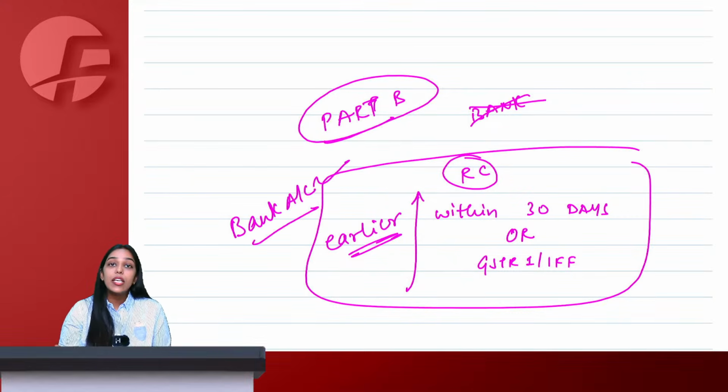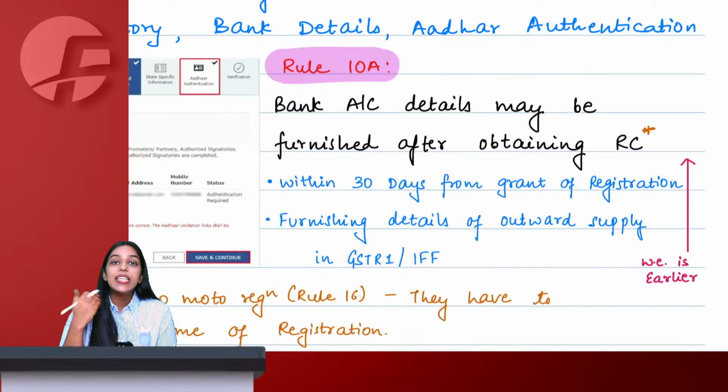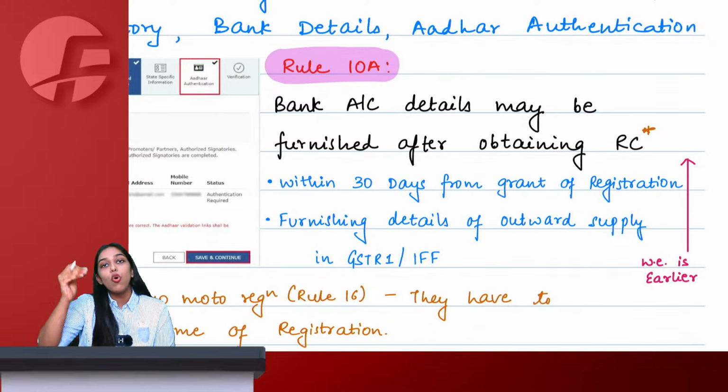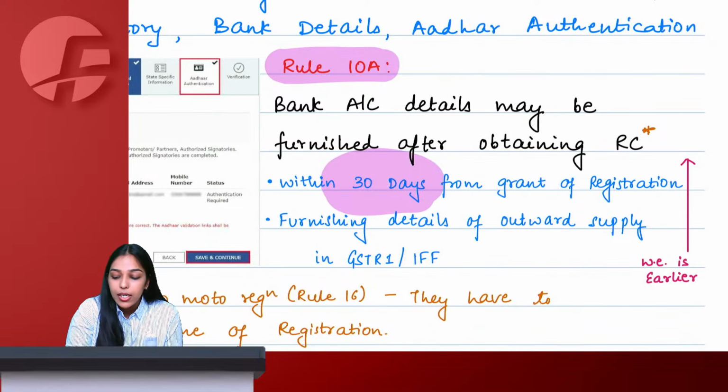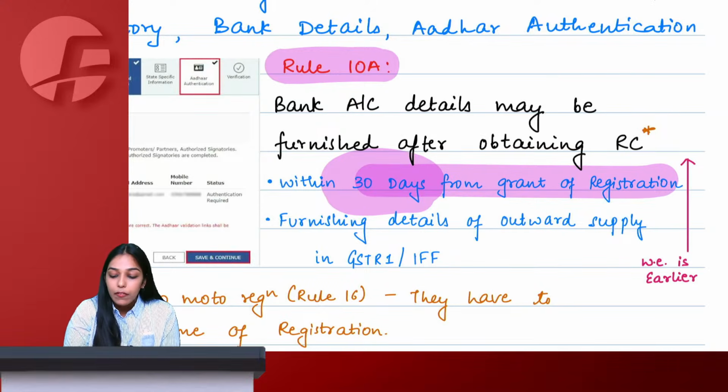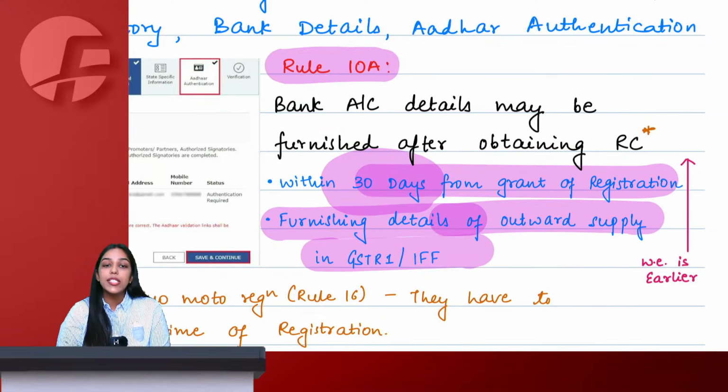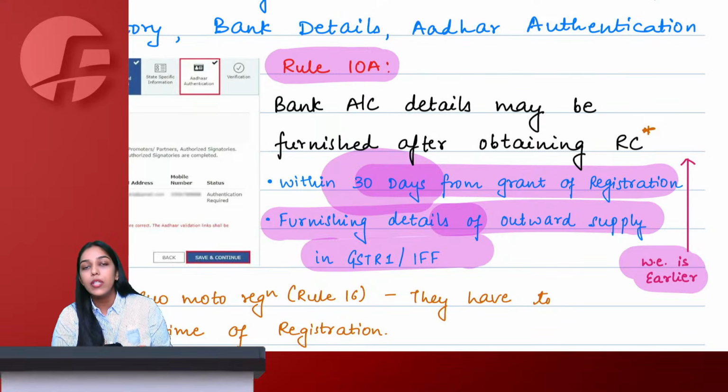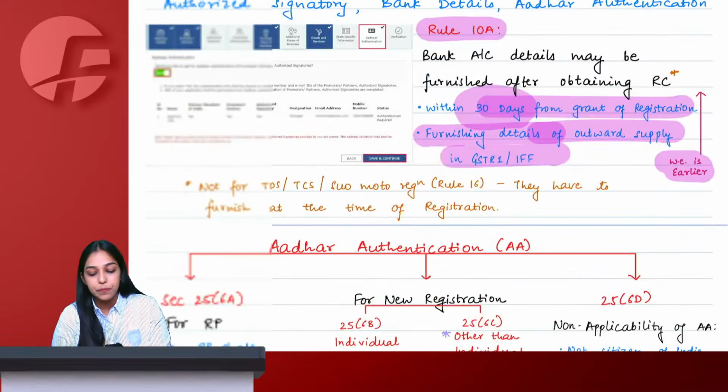We are saying that without giving bank account details, it is okay. We can give you the RC. But once you obtain the RC, then within 30 days from grant of registration or furnishing details of outward supplies in GSTR-1 or IFF, whichever is earlier, you will have to furnish your bank account details.